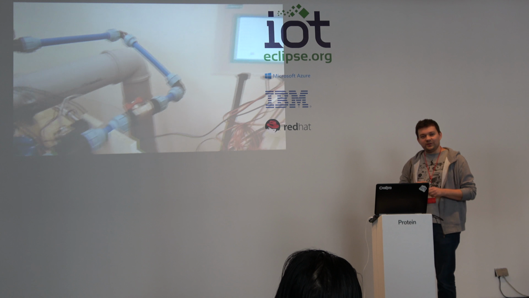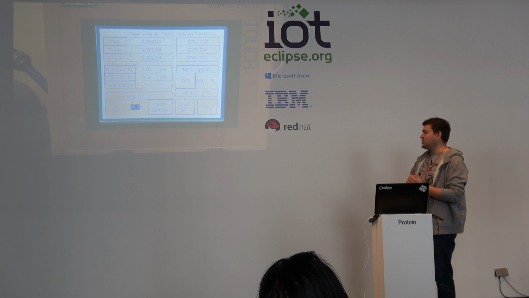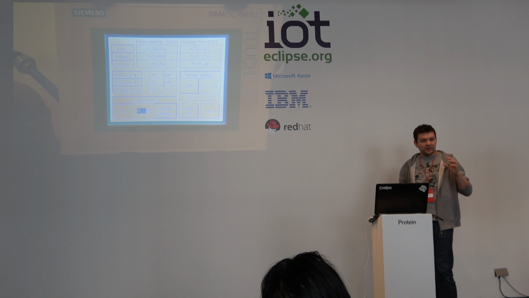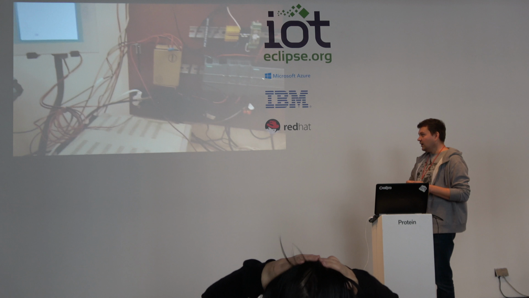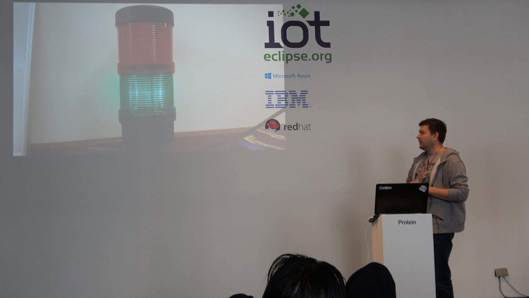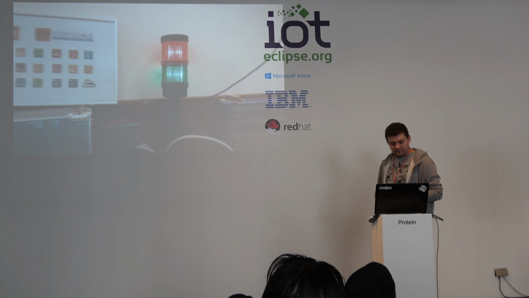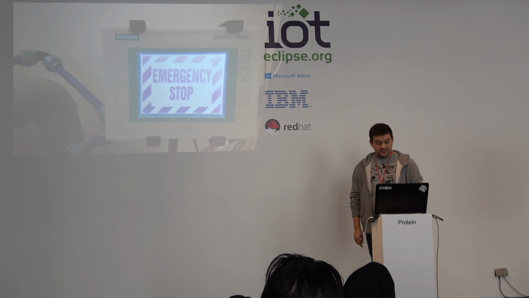It's not an industrial installation, but this is the local HMI, which shows the data, and all those data are available to the Kura, and Kura is forwarding them to the cloud. In the Kura, we are using Kura payload, using Google Protocol Buffers. And we've got some lights, and when the red is running, everything is stopping, and we've got an emergency stop here.